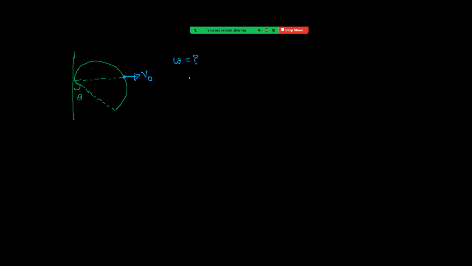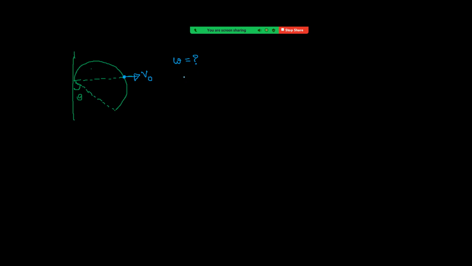So first focus on how to start the problem. We are given velocity v naught and the given speed is constant, moving horizontally, or you can say velocity is constant because the direction is not changing, speed also not changing. And we know the definition of velocity: rate of change of displacement or rate of change of position vector with respect to time.